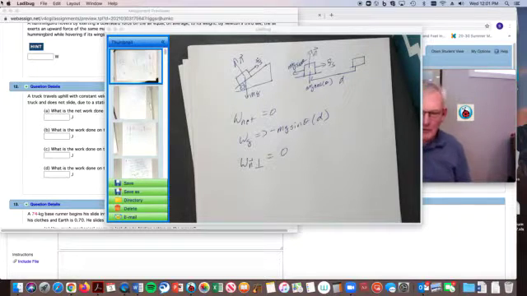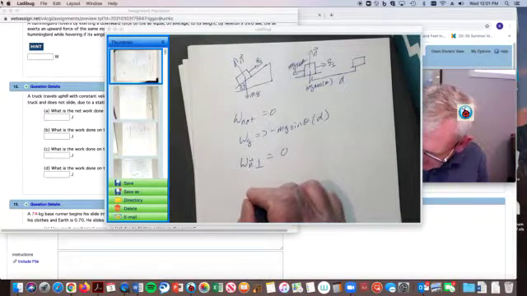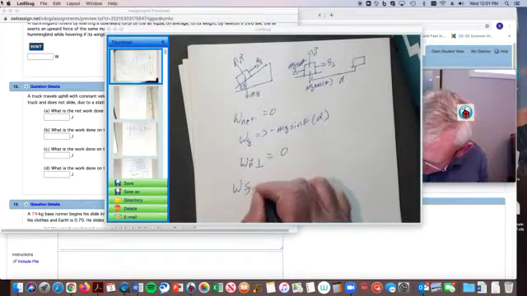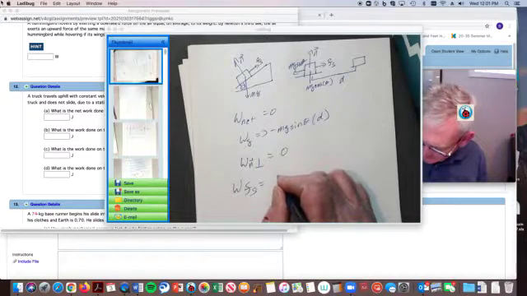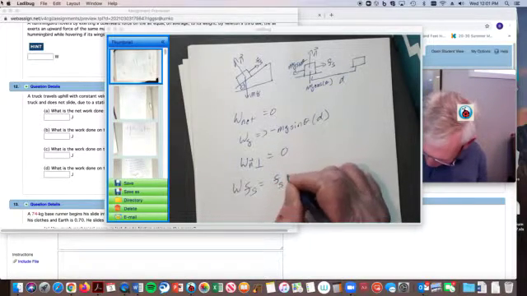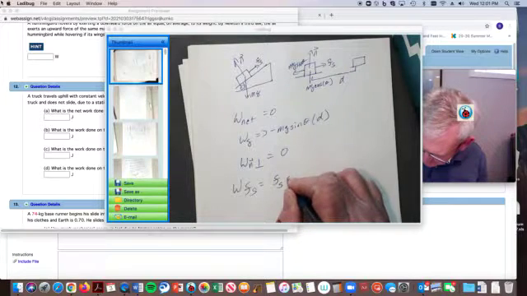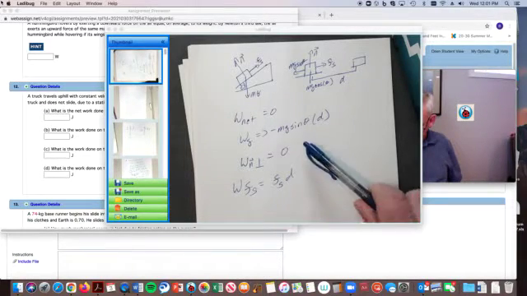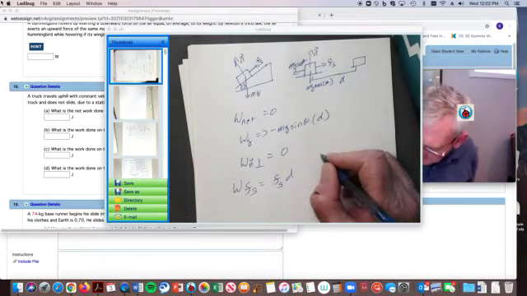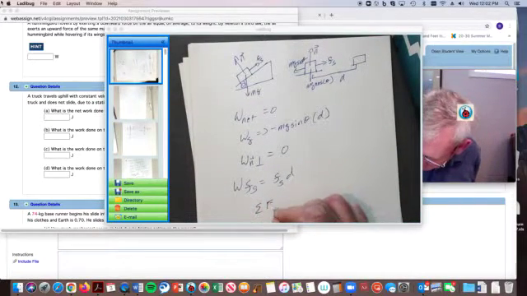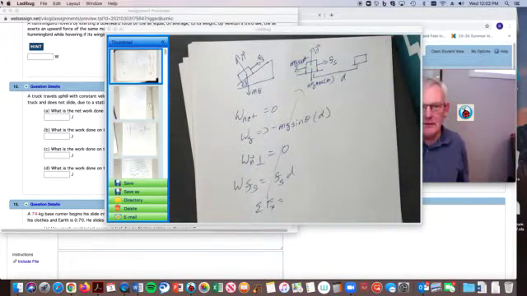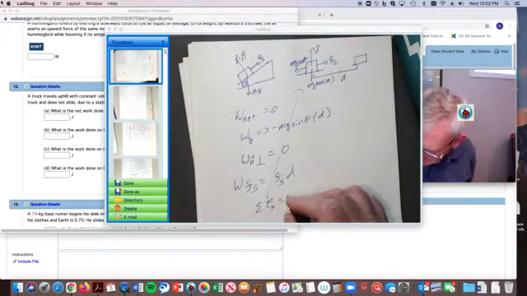And then what's the work done by the static frictional force? The work done by the static frictional force is F of s times that distance, which you can get from this, because the sum of the forces in the x direction is equal to zero.